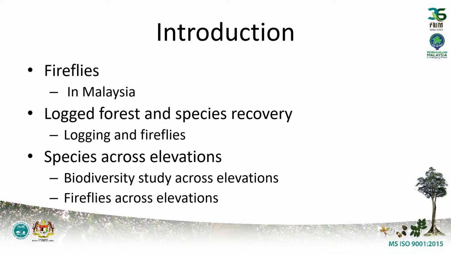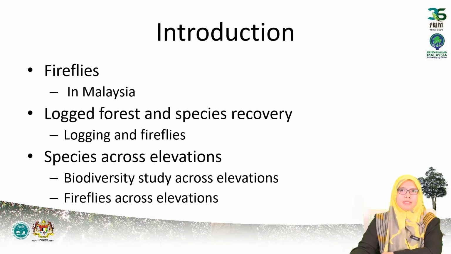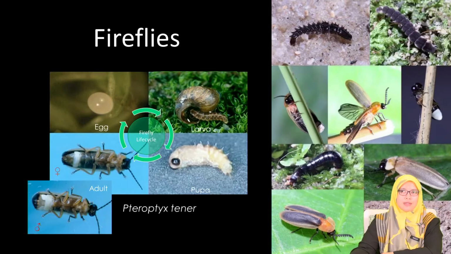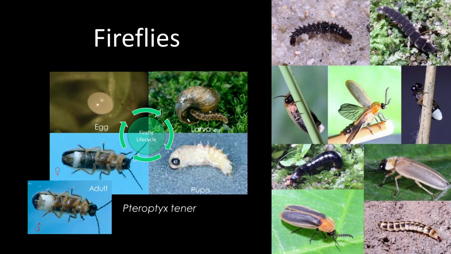Before I proceed to share the study approach and the findings, let me first introduce you to the fireflies, the logging towards species recovery and species diversity across elevation. So for fireflies, there are over 2,000 species known to exist around the world. They occupy diverse habitat types from the tropical to the temperate regions.